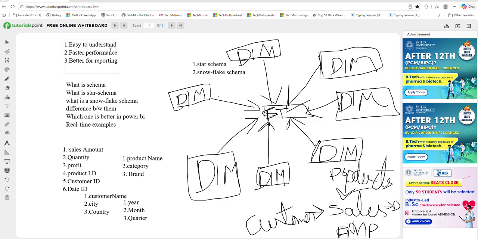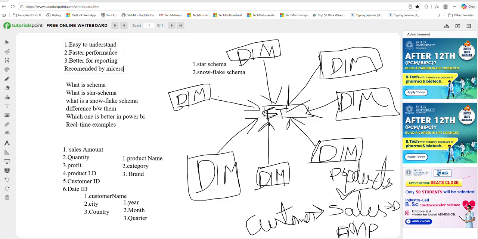Creating visuals and DAX calculations becomes easier while using the star schema. Now it is recommended by Microsoft. As you know, Microsoft is a standards company. That's why this is also an advantage for the star schema.